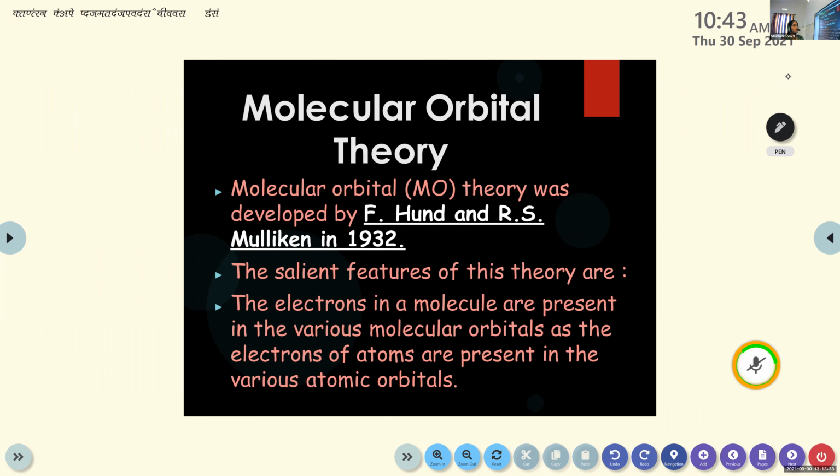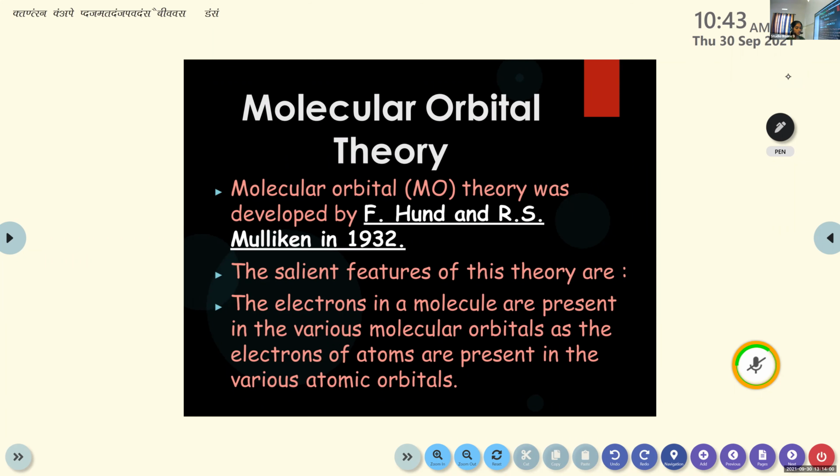So which are the different atomic orbitals, Niranjan? Yeah, s, p, d, f are the different orbitals, right? Similarly, a molecule has different molecular orbitals in which electrons are present. We will learn the names of such molecular orbitals later.